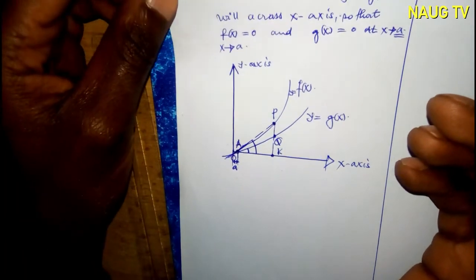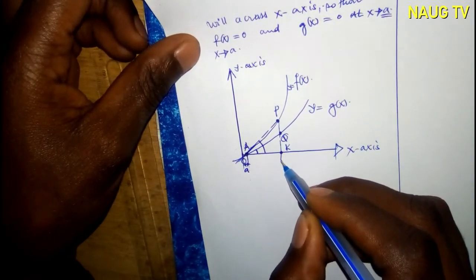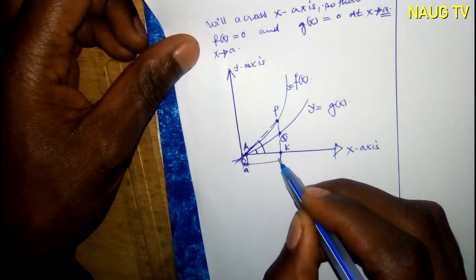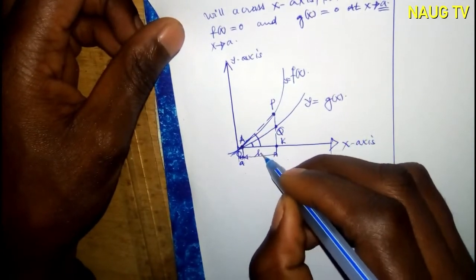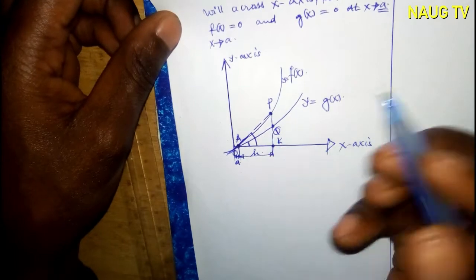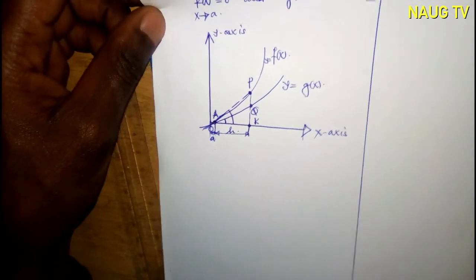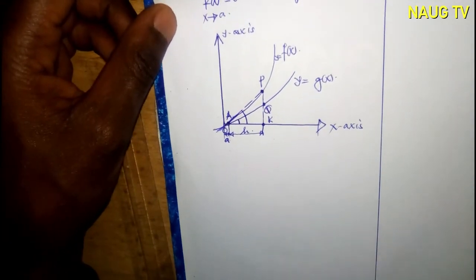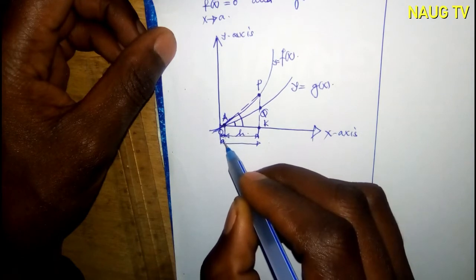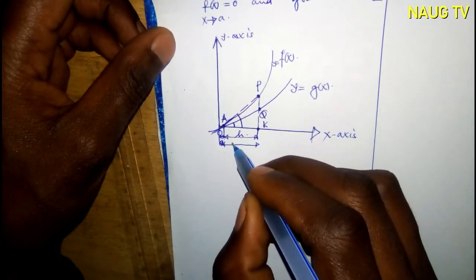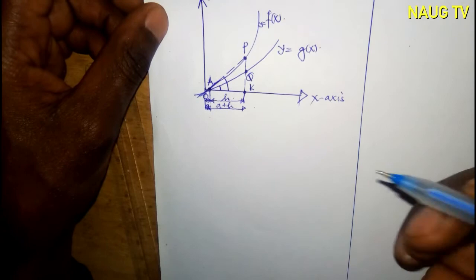Here we can also specify this distance. Let's call it h, so that the overall distance would be equal to a plus h.